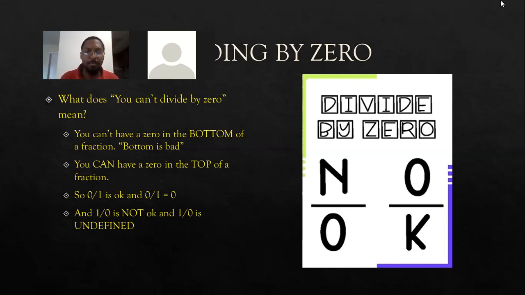I have this little illustration here that I think is really helpful: if you have 0 on the bottom, you can't do it. That's a no. You have 0 on the top, that's okay. So that's the main thing. Again, I'm going over a lot of simple stuff you've probably already seen before. You probably know all this already, but I'm going over it because it's really important that you get it.